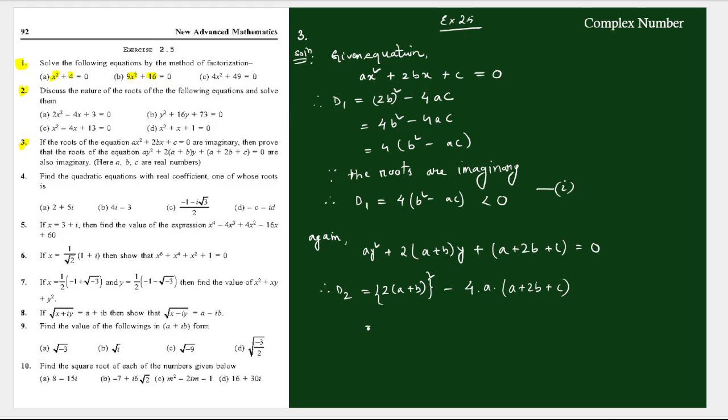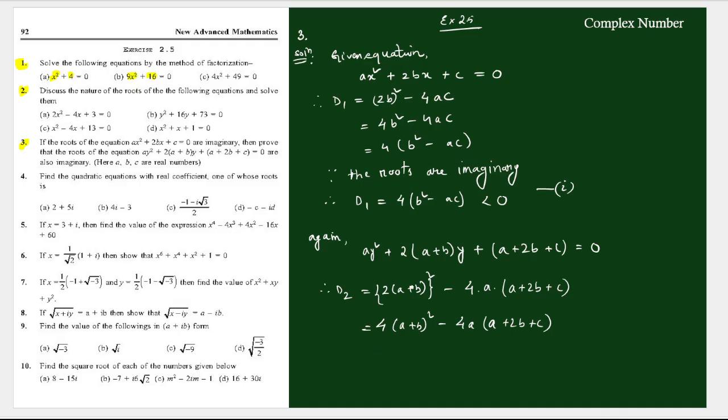So this becomes 4 times (a plus b) whole square minus 4a(a plus 2b plus c).